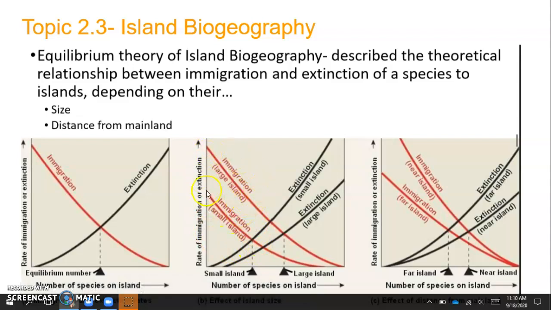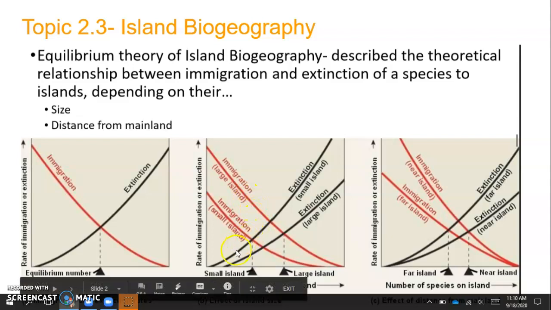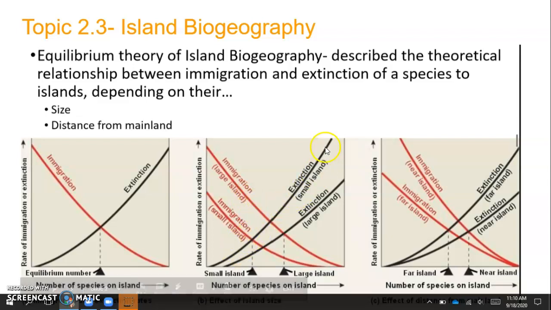Alternatively, for larger islands, you will typically have more immigration because there are more resources available, okay? And over time, we will see the extinction rate on small islands will be higher than the extinction rate on large islands. The reason for this, again, is because large islands tend to have more resources that can support more organisms. So it has higher colonization rates, and it also has lower extinction rates.